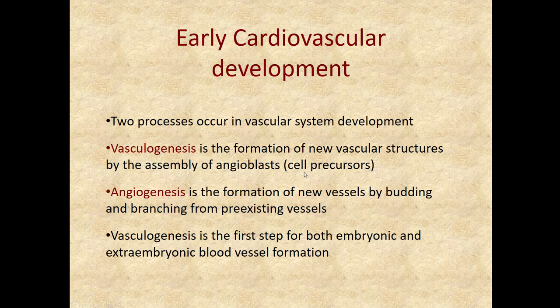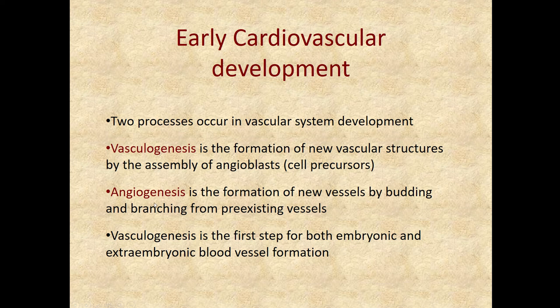So we call them precursors. This is the original step that has to occur within embryologic development so that blood and blood vessels can develop. And then the second process, called angiogenesis, is the formation of new vessels from these original vessels.